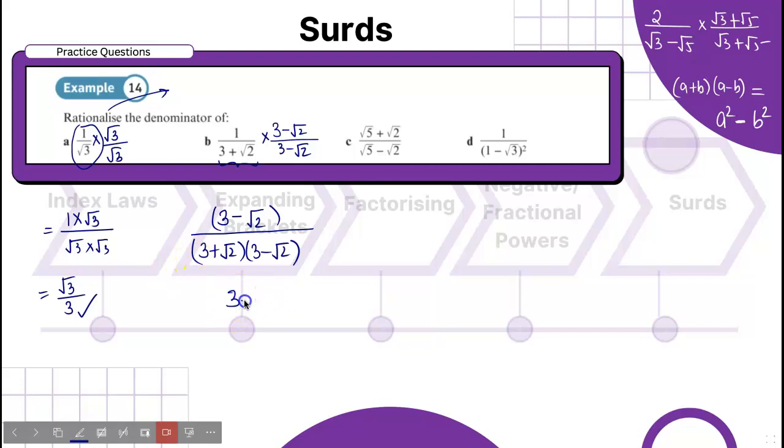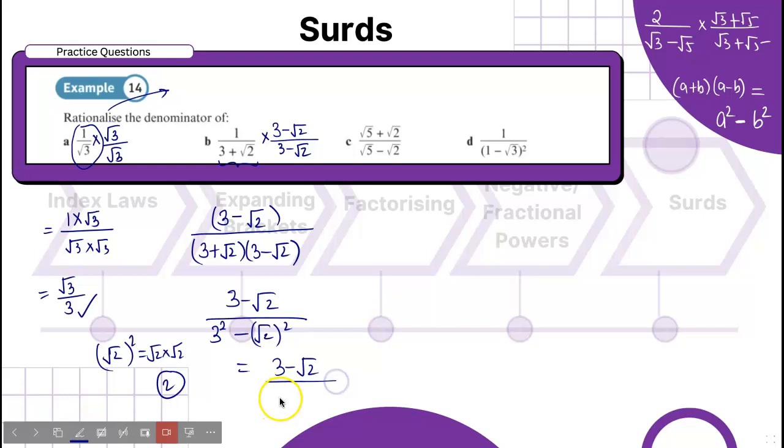So the top is going to be 3 minus root 2 and the bottom is 3 squared minus root 2 squared. Root 2 squared is nothing but root 2 times root 2, and we know that is 2. Correct? So it will give us 3 minus root 2 over 9 minus 2. That's 3 minus root 2 over 7.